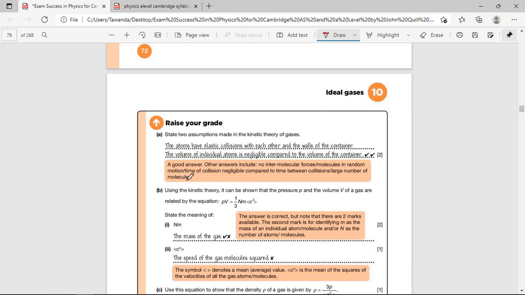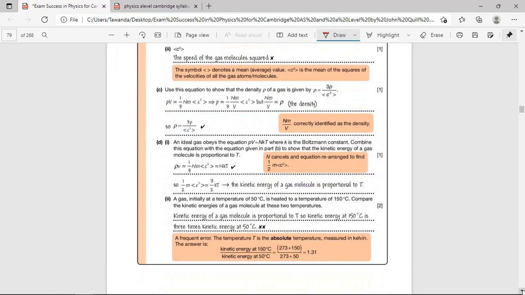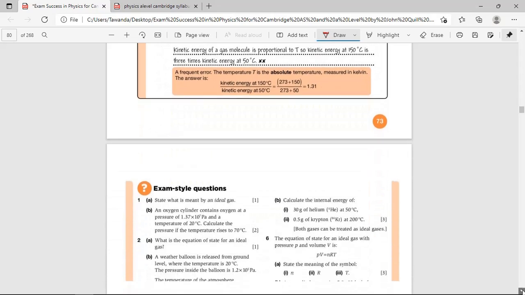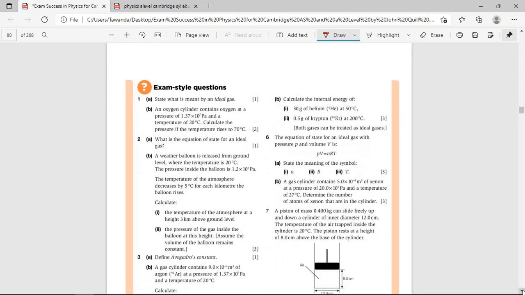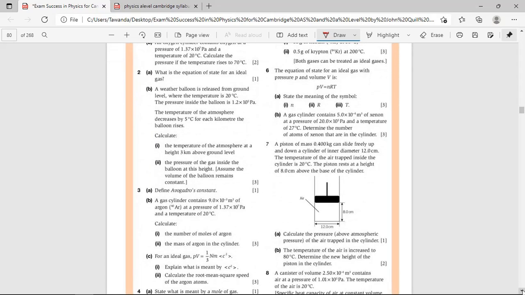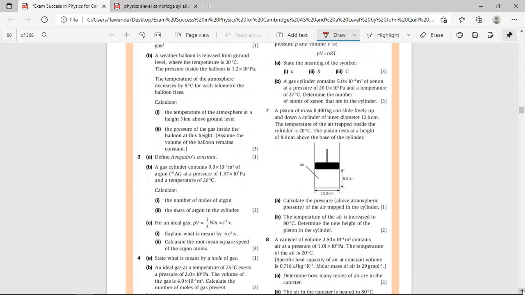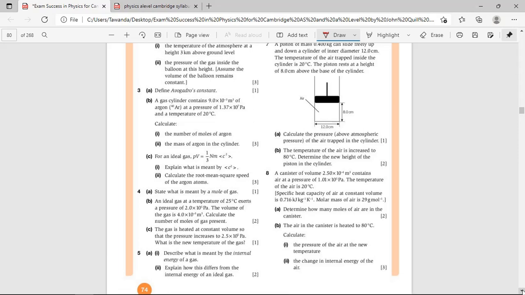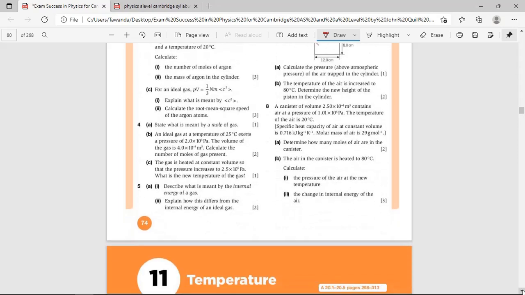So part A, this one is part B. Moving on to part C, part D. And these are now exam questions. You need to go through these exam questions on page 4.